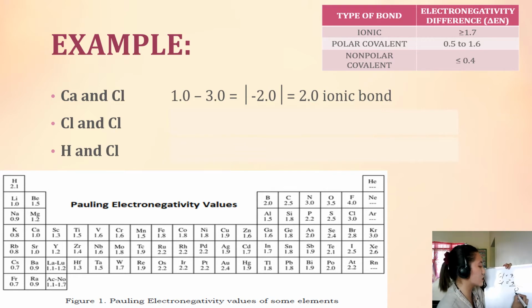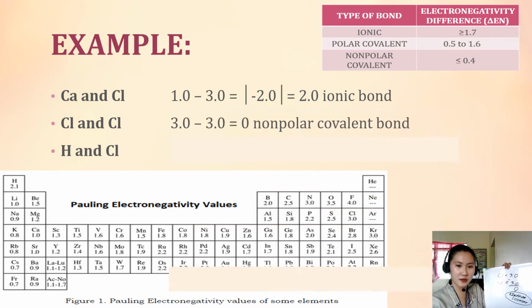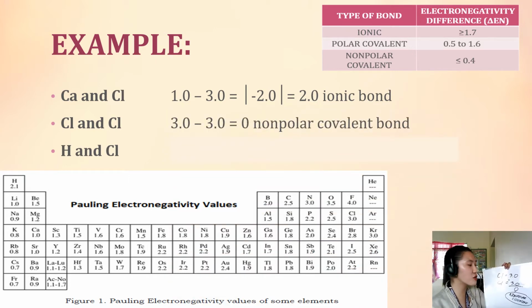So this means two atoms of Cl is a nonpolar covalent bond. Okay, got it? Let's check. Okay, 3.0 minus 3.0 is 0 and it is a nonpolar covalent.